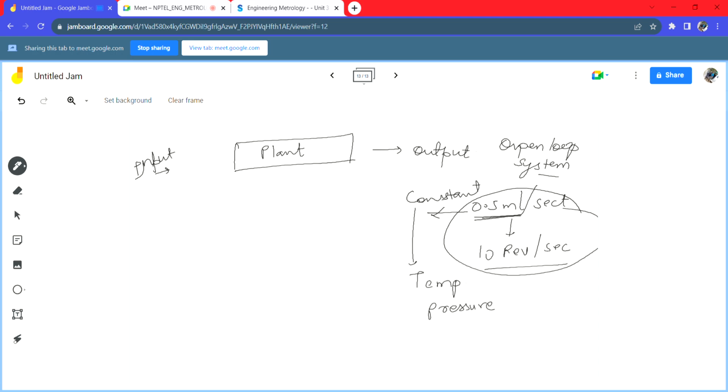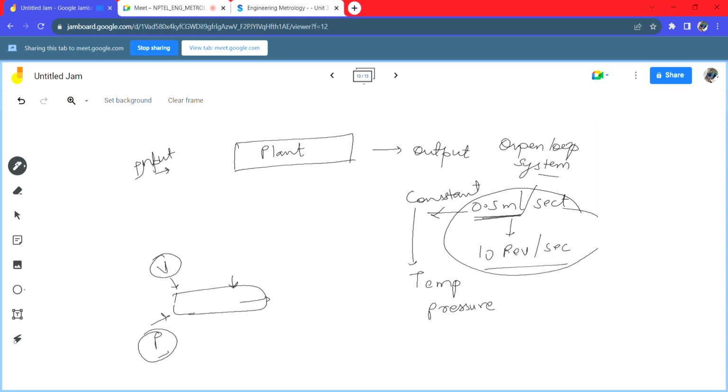Now if I am saying that this is the pipe through which the fuel is coming out, I have already fixed the volume of this pipe. The volume of this pipe is not going to change. We also say that the pressure is somewhat kept constant and it won't change.